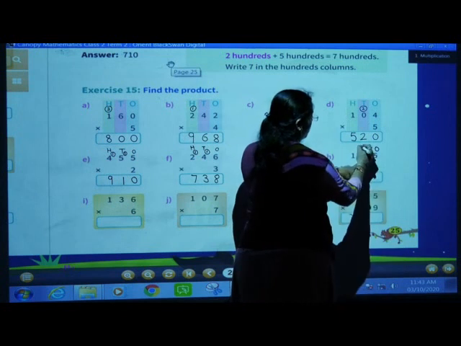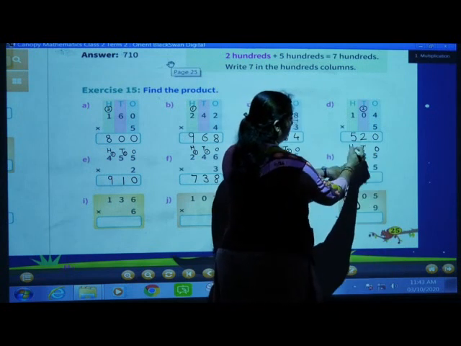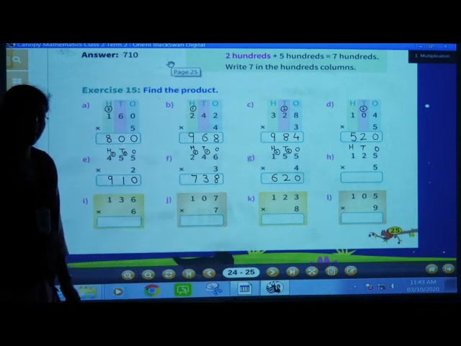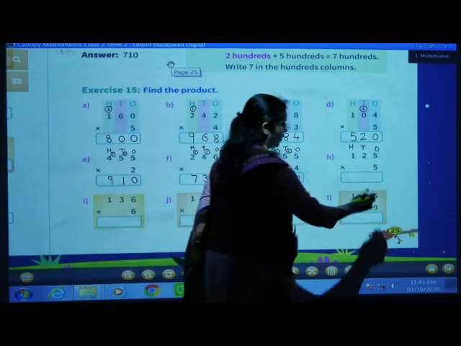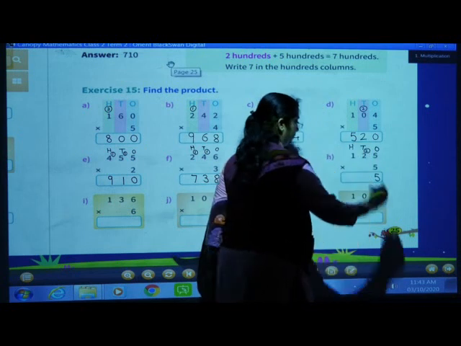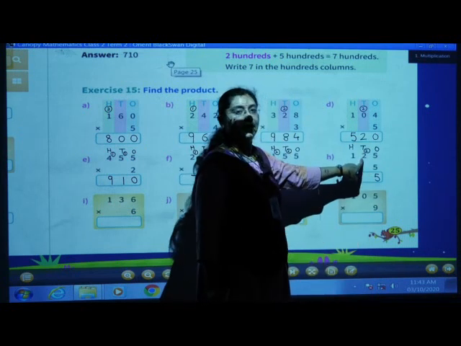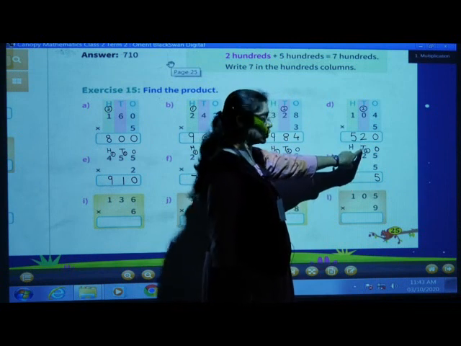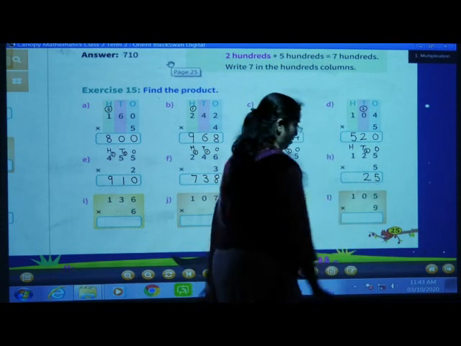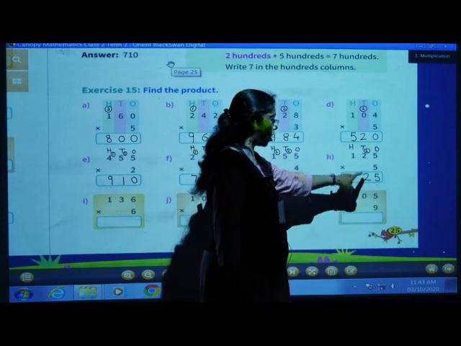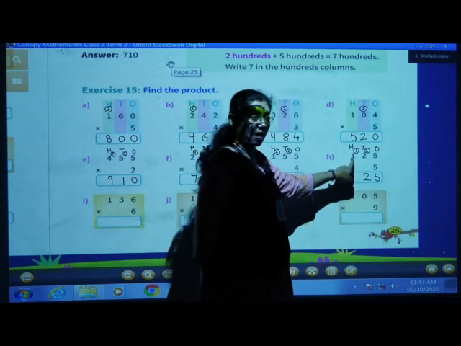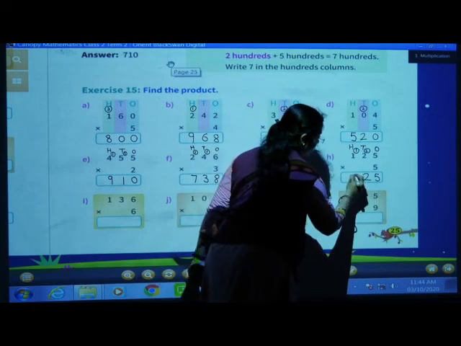Ones, 2 tens and 1 hundreds. 5 multiplied by 5. 5 5s are 25. 25 means 5 we have to write in ones column and 2 as a carry. 5 2s are 10. 10 plus we have to add this 2. 10 plus 2, 12. 12, 2 we have to write in tens column and 1 carried over. 5 ones are 5 plus 1, 6.